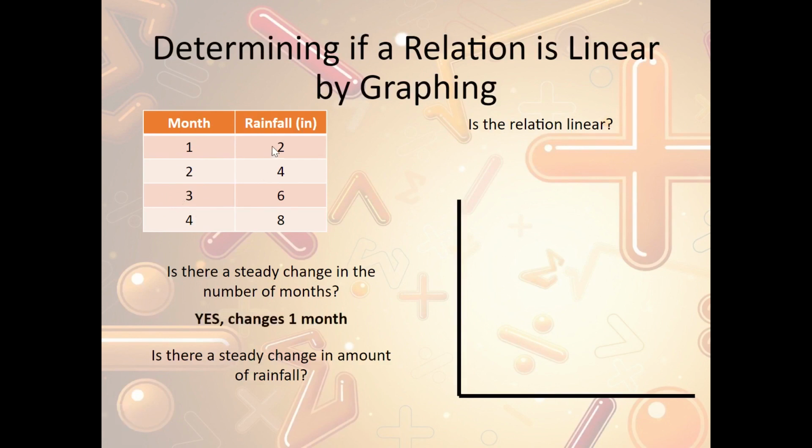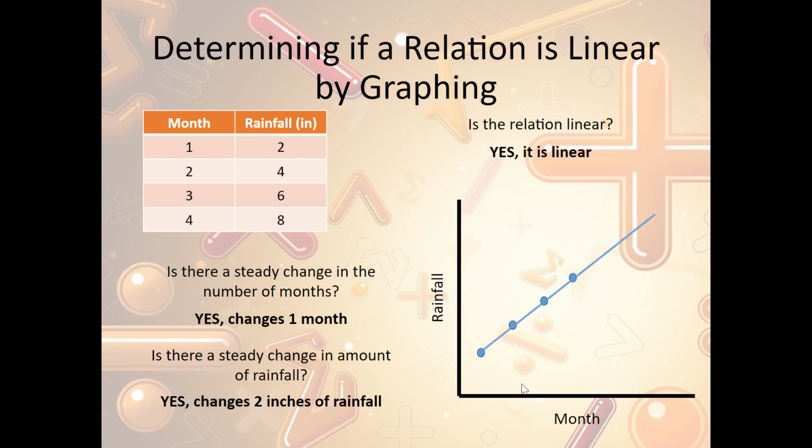And in rainfall, we can see that we have a consistent change also. We are adding by 2 inches each month. Therefore, if we were to plot these points, it would look like this. And therefore, we can see it does form a straight line. And yes, it is linear because we have a consistent change of addition and a consistent change of addition.